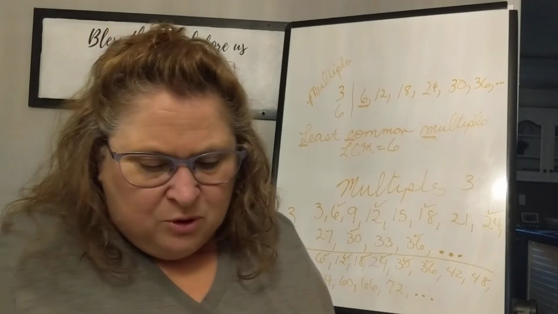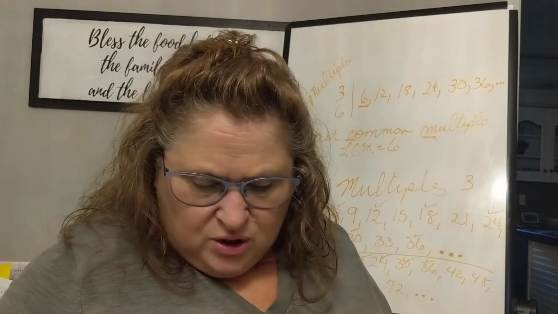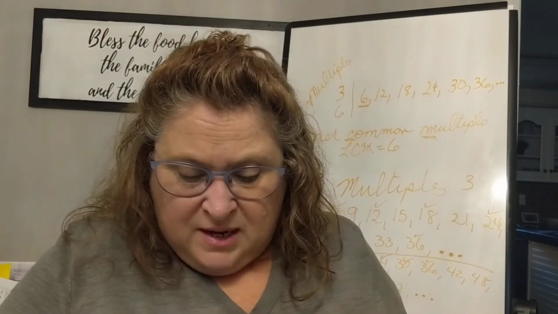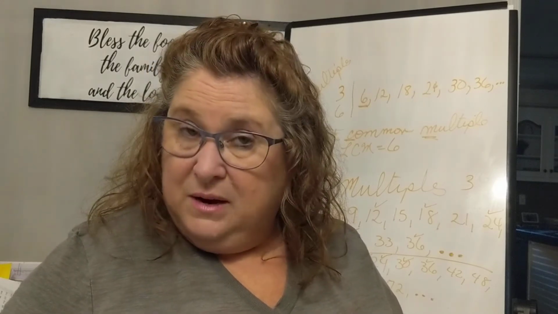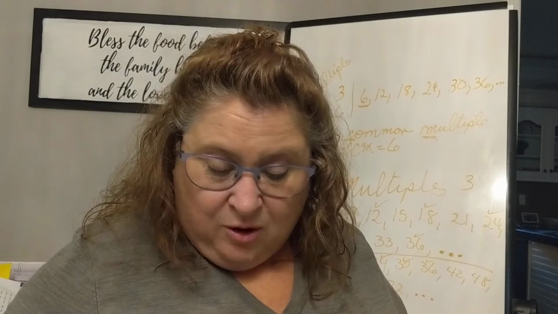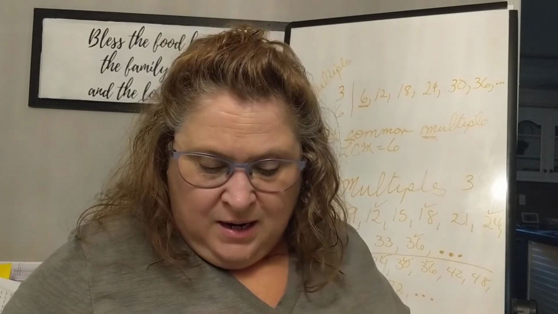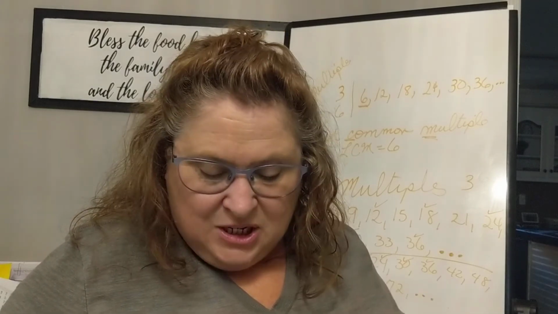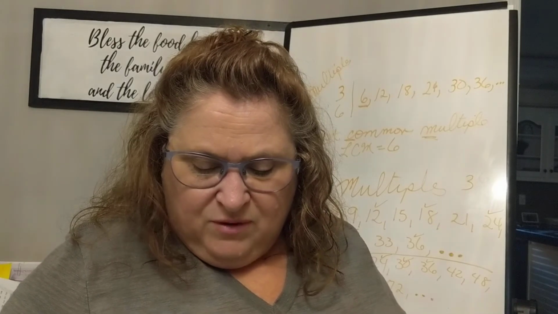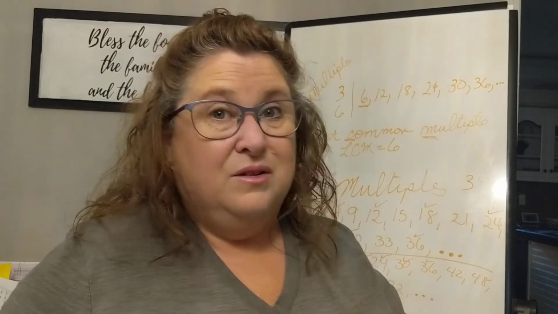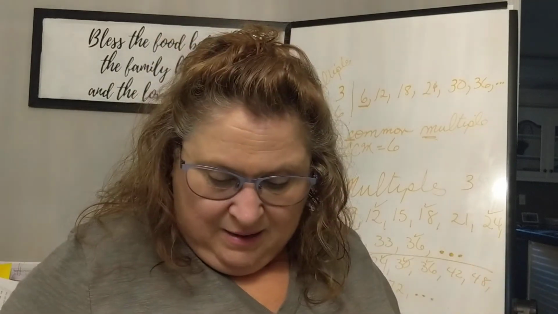Okay, so section number 2, we're going to complete this chart. So if you notice there, they gave us the number 9, and they have it done for us. They went ahead and wrote out multiples of 9, or they counted by 9s. 9, 18, 27, 36, 45, 54, 63, 72, because there's a whole infinity of numbers behind that yet.